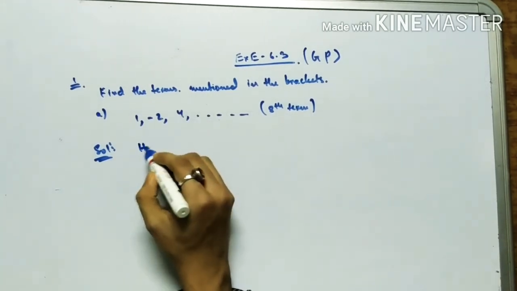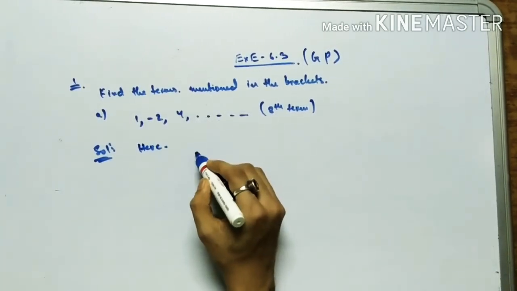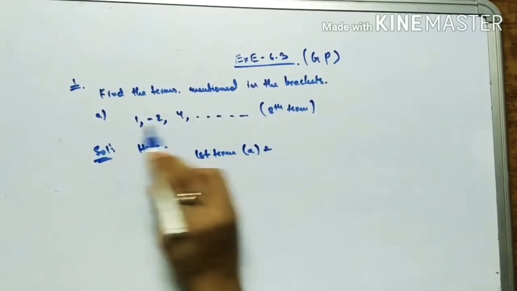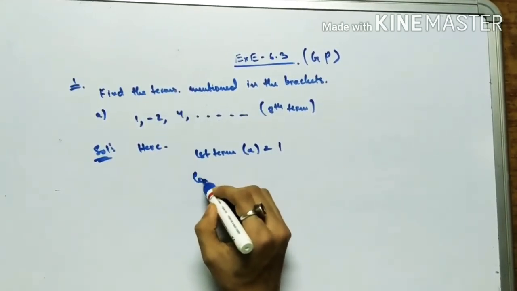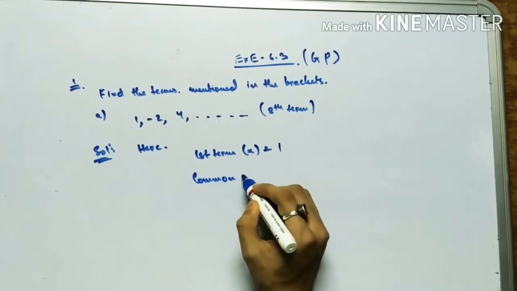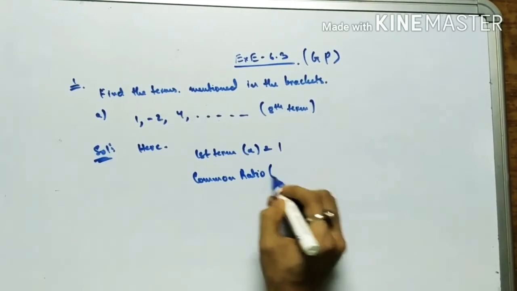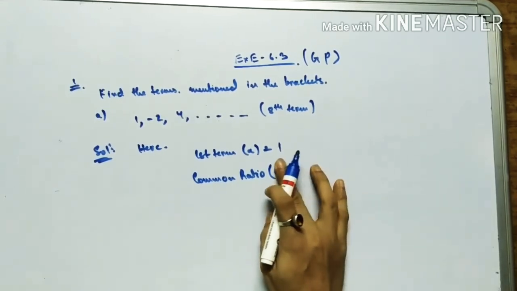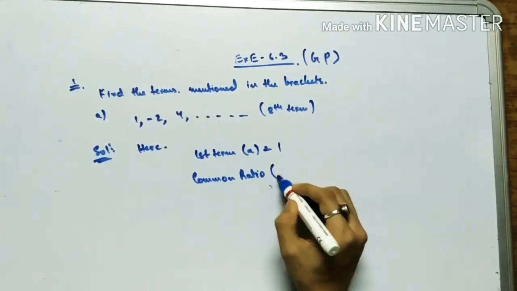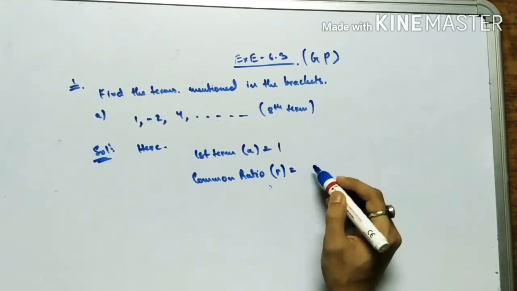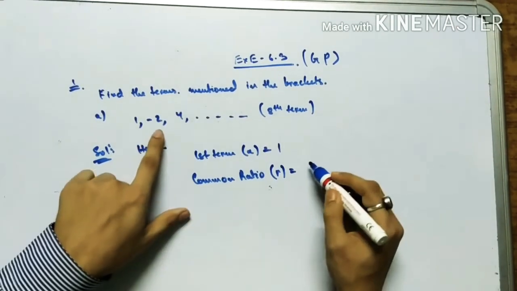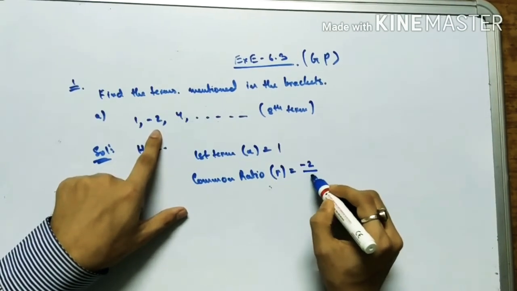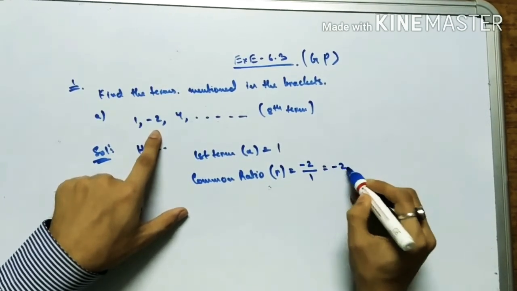Here the first term a is equal to 1. The common ratio, CR, or small letter r you can write, is minus 2 by 1, which is equal to minus 2.